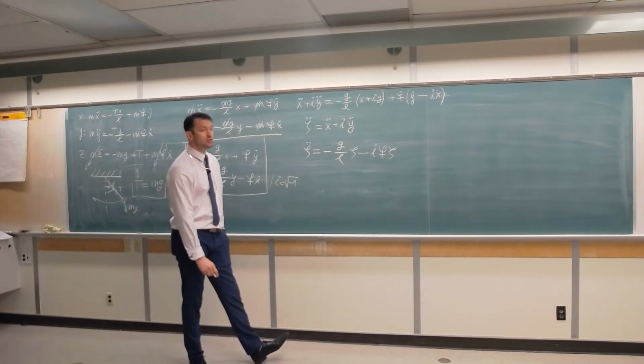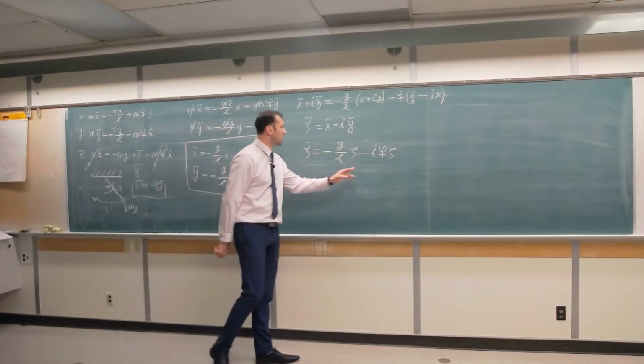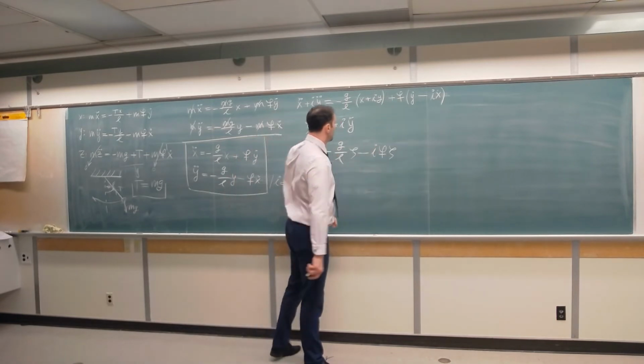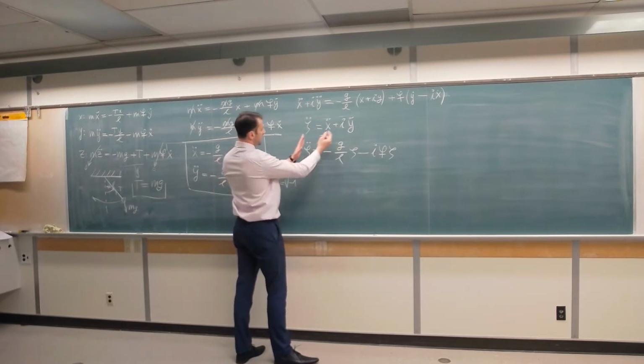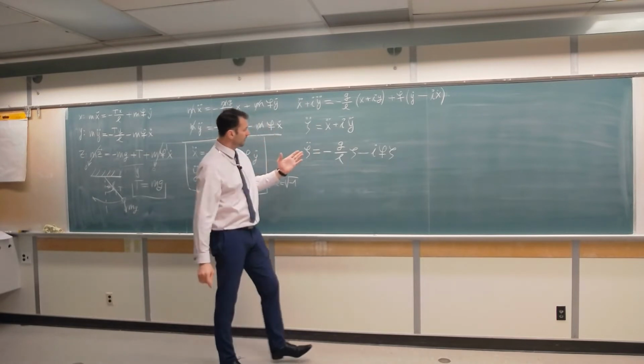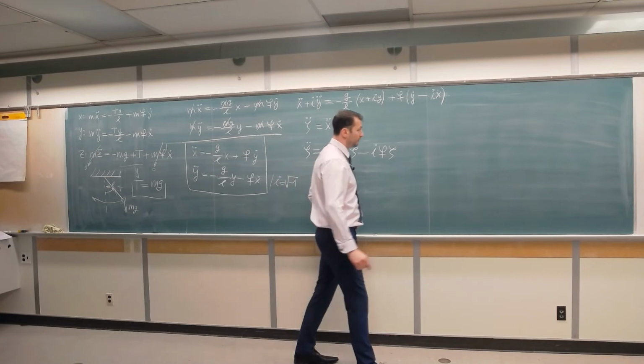Now, some of you might say, whoa, how did you get this one from this? Because here you have x plus iy, x plus iy, so it makes sense. But how did you get this one? Well, I'll explain how.